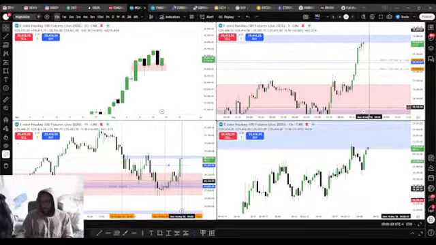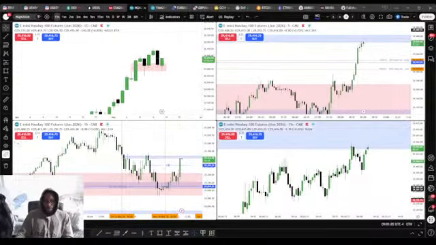So even if the market draws down into this area, I'm not interested. Candle body supported is just no. I mean, it indicates bullishness, but it's not part of my model.